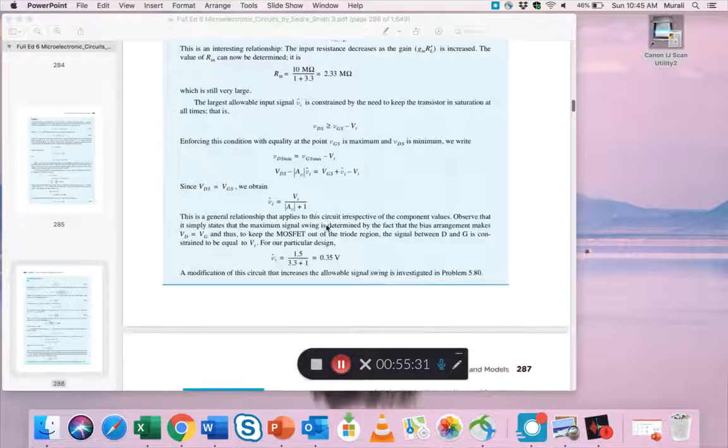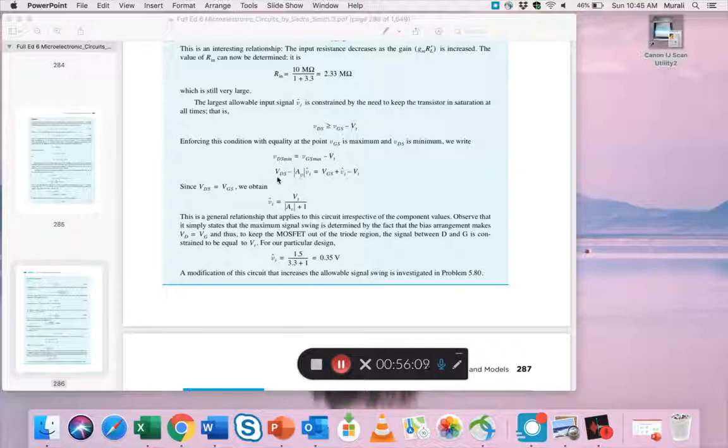Then we have to find the largest signal that is allowed on the input side without driving into nonlinearity. So to do that, he uses the same method we always used, which is that you should be in saturation, which means VDS minus VOV. The gain times the input swing gives you the output swing, right?